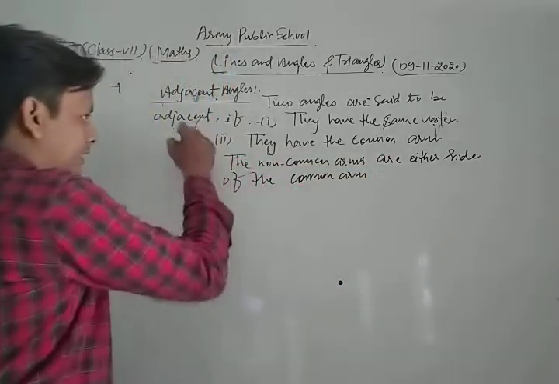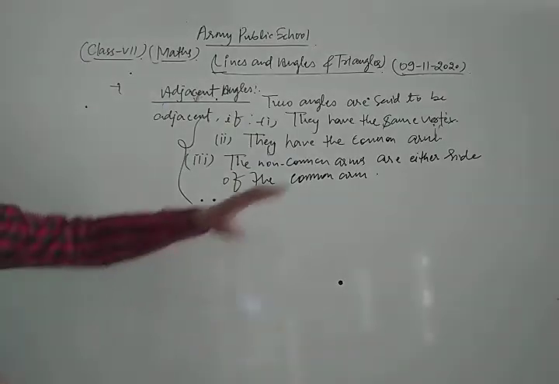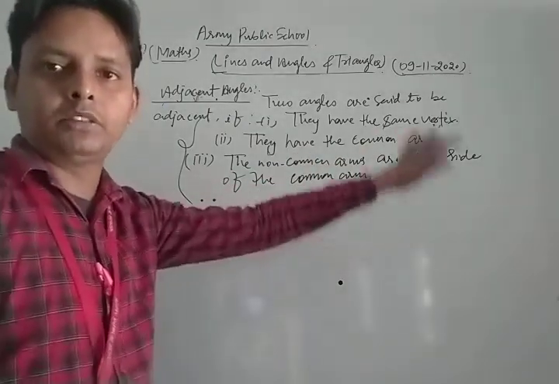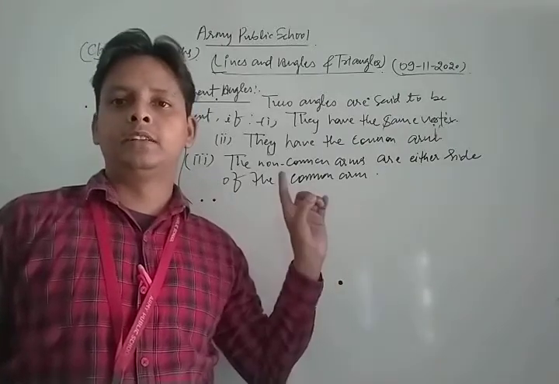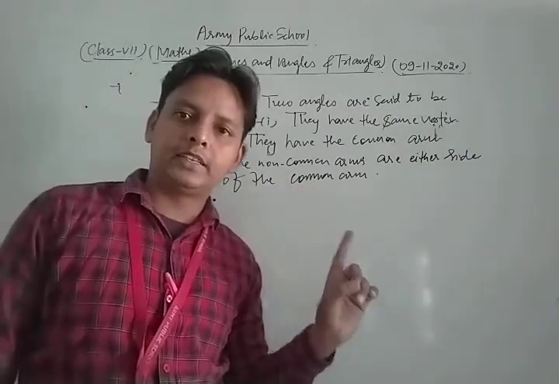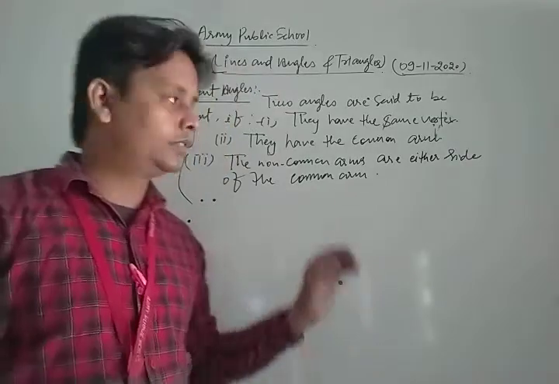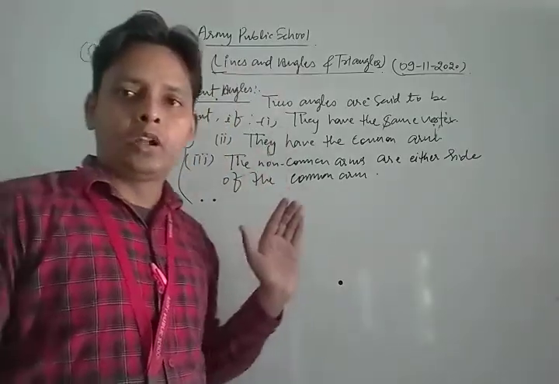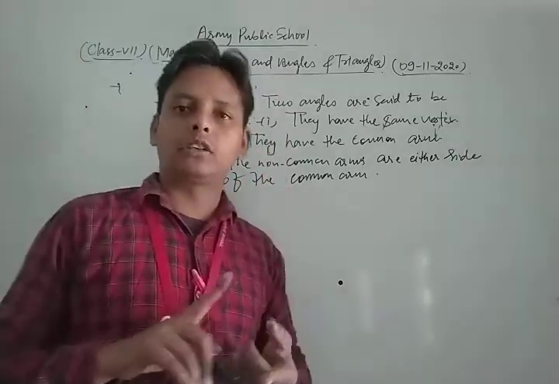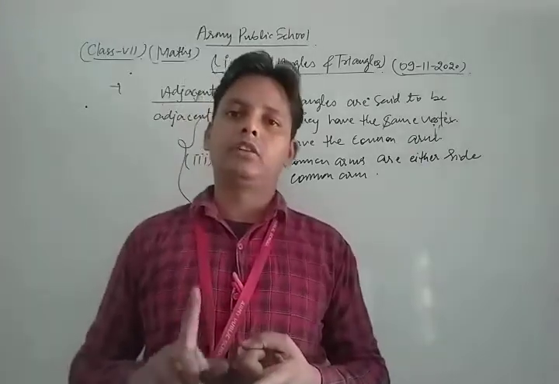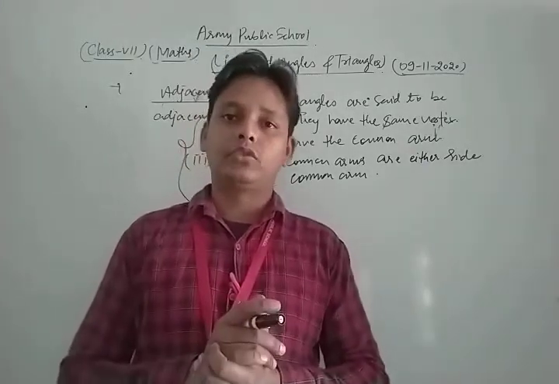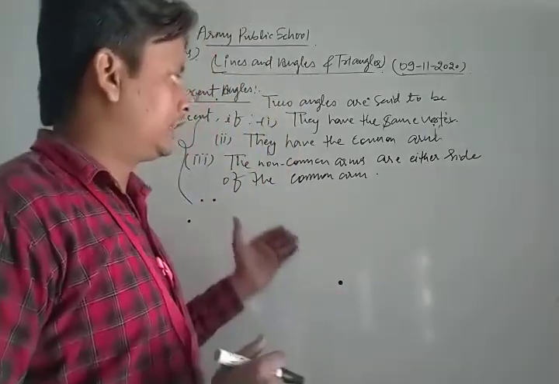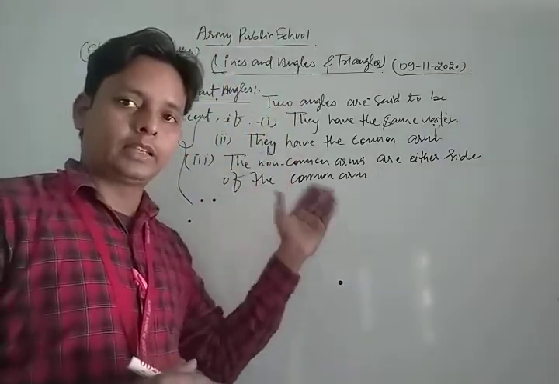Okay, there are three necessary conditions for adjacent angles. So two angles are said to be adjacent if and only if they follow all three properties, means they have the common vertex, they have the common arm, and the non-common arms are on opposite sides of the common arm. Now we clear the concept of adjacent angle with the help of a diagram.